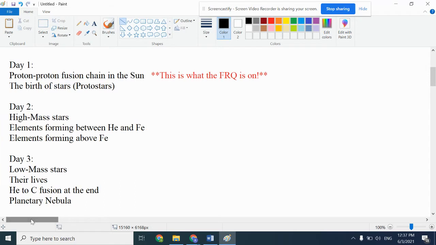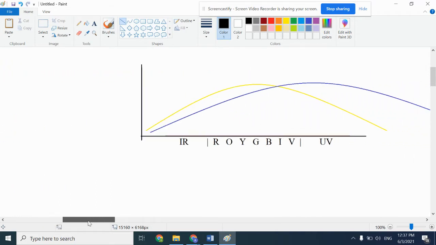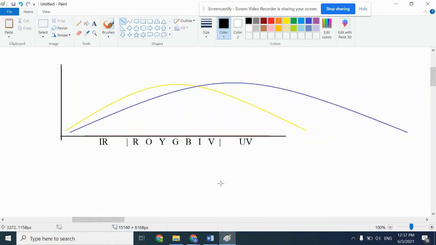It has to do with the fact that they're hotter and with where their peak emission comes out. What this graph is trying to show you is that the y-axis is the emission of radiation coming from the star, and the x-axis is the color spectrum. You have infrared, then ROYGBIV, and ultraviolet, and it goes on into X-ray and gamma.